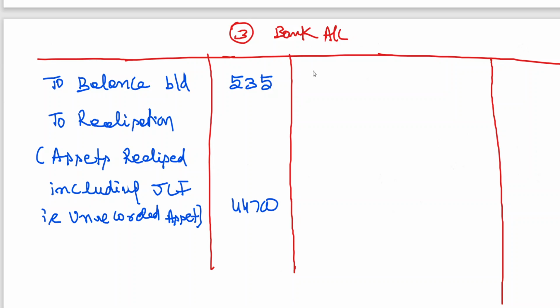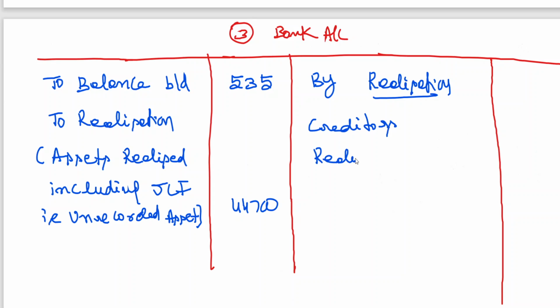Then you come back to the credit side, by realization: creditors, realization expenses, and employee provident fund.